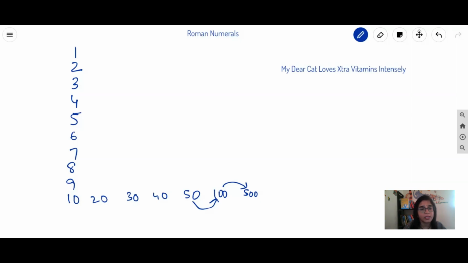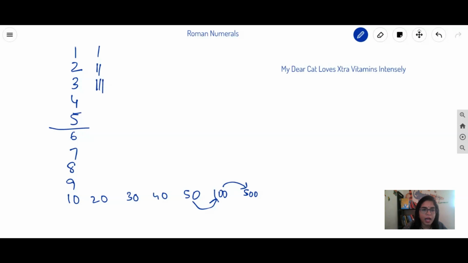But the interesting thing about these people of Rome is that they did not change the way they write after 10 different digits. They started writing it after 5 different digits. That means, cut it till 5. They will write this as 1, 2, 3, like this.